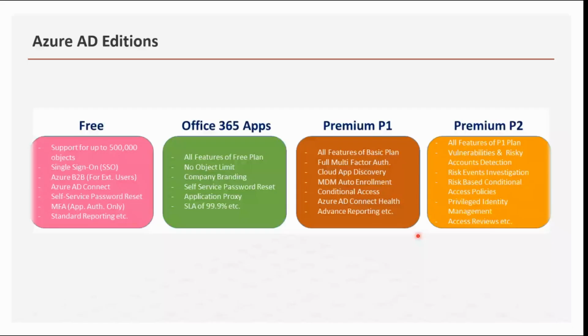Right now it's supported in Microsoft Active Directory. By default, when you create an account, an Azure AD is created, which is typically known as a tenant. Then we discussed getting additional security features in a cloud.